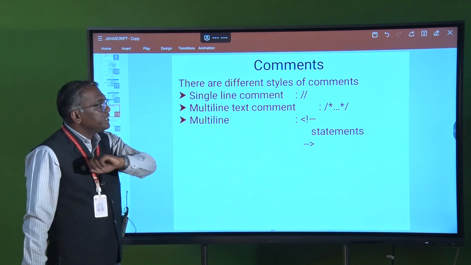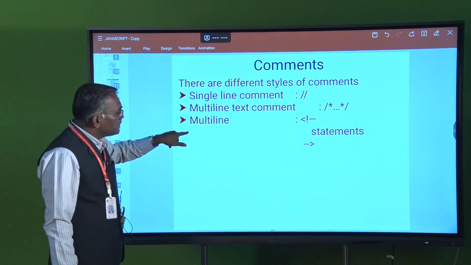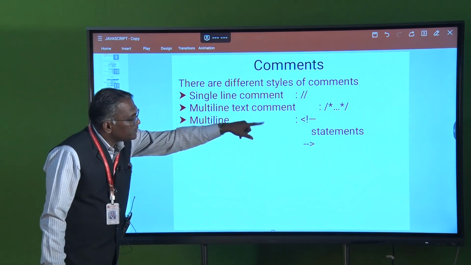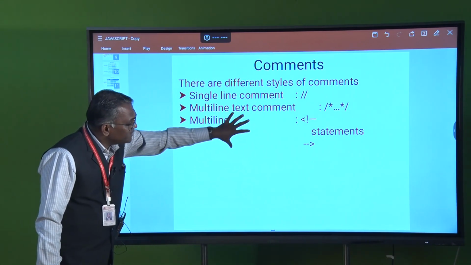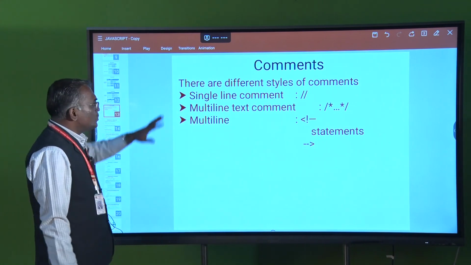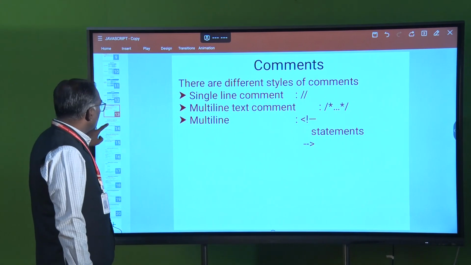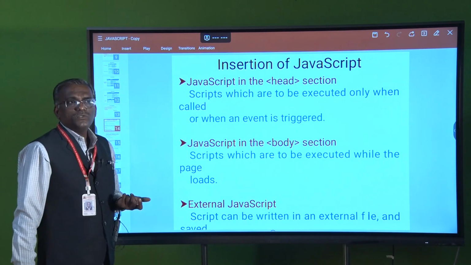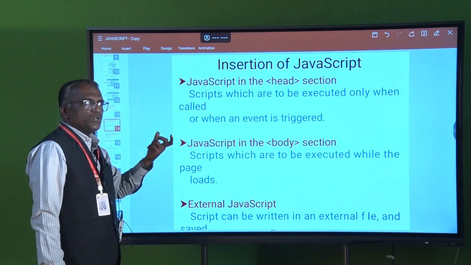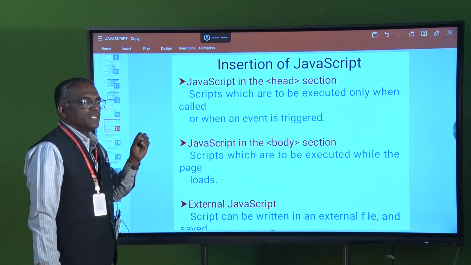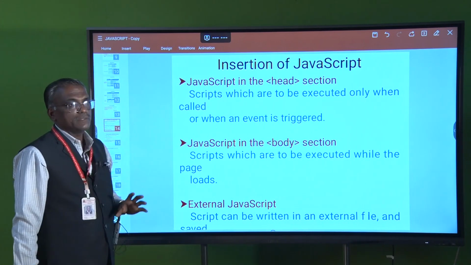Second is a multi-line comment, which is equivalent to the C language, and third one is angular bracket exclamation mark two dashes. So this is equivalent to HTML. So all these three types of comments you can use in your JavaScript code. You can hide your code also by using comments, or you can prepare documentation of your code with the help of comments. That is very important when you are writing programs.